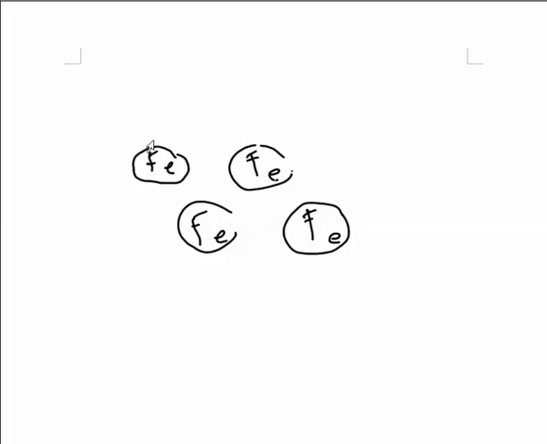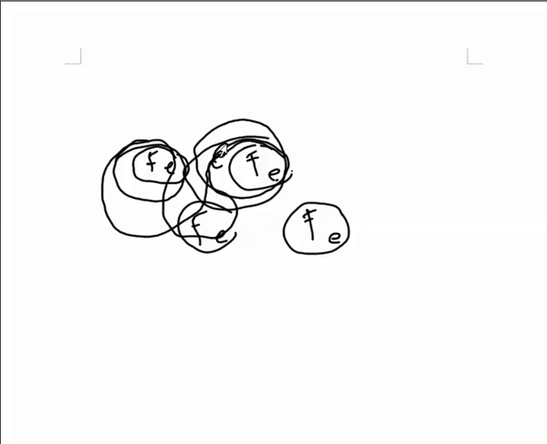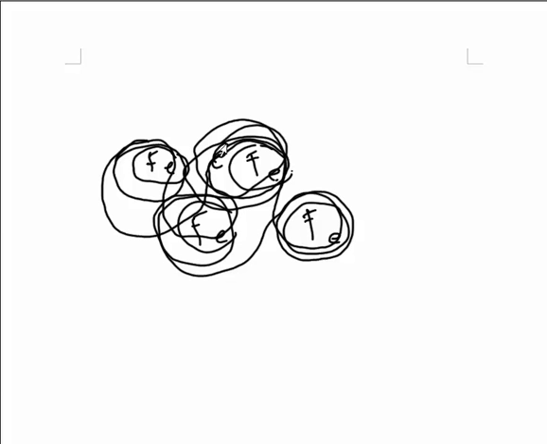Now, the electrons are floating around these atoms, but even though this iron atom has its own electrons associated with it, the electrons just start to freely flow all the way around, every which way. It's almost as if all the electrons are shared by all the atoms in this block. And why is that significant? Well, if you think about a particular property of metals, they are able to conduct electricity.